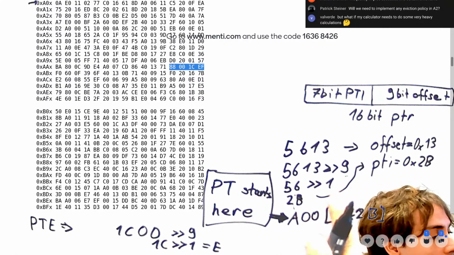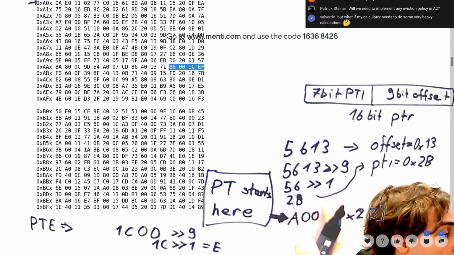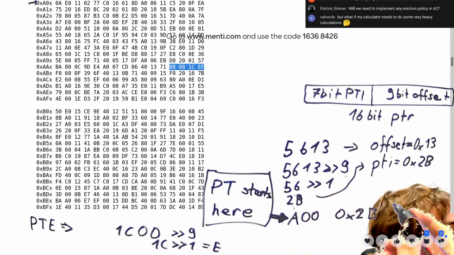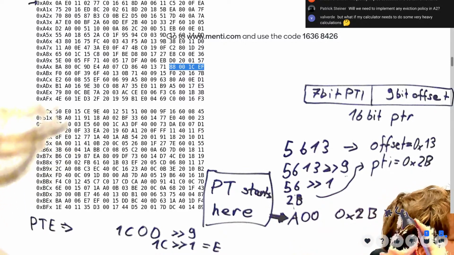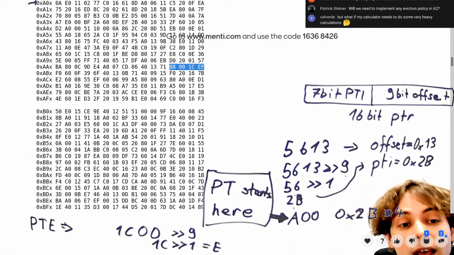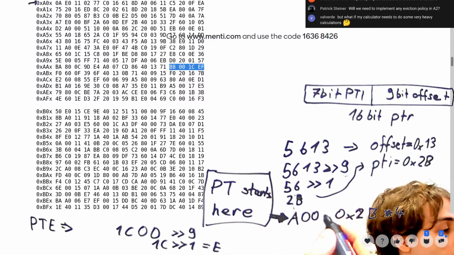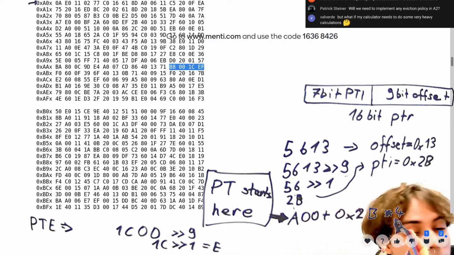So what we do instead is we resolve this exactly as we would resolve pointer arithmetics. And we know that this one has to be multiplied by 4 because this is the data type size here. The entry size is 4. So this is A00 plus 0x2b times 4.